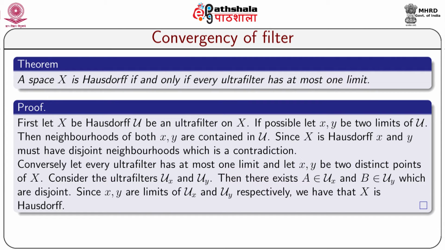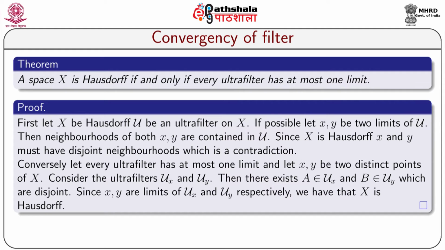We have observed that in a Hausdorff space, a sequence can have at most one limit. That is also true for ultrafilters. That means in a Hausdorff space X, every ultrafilter can have at most one limit.